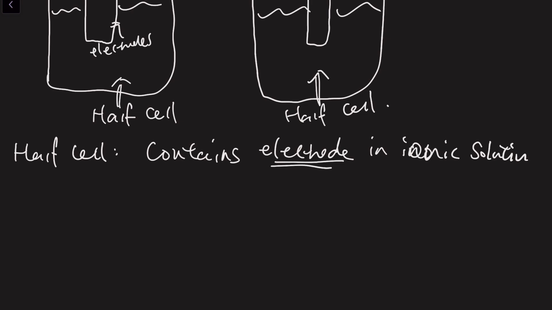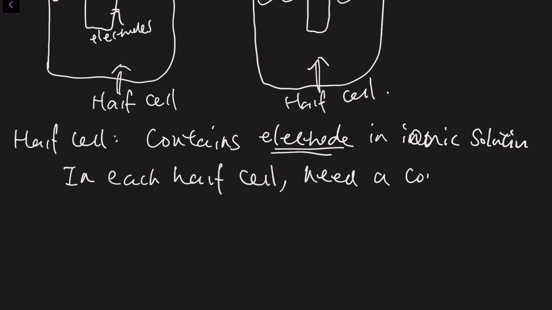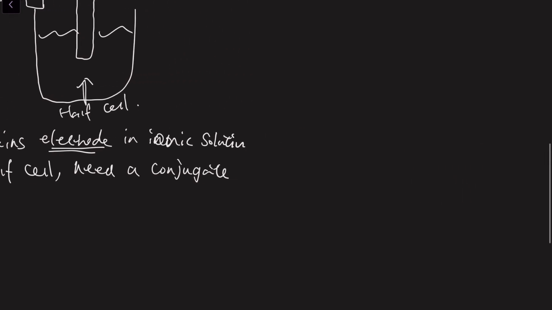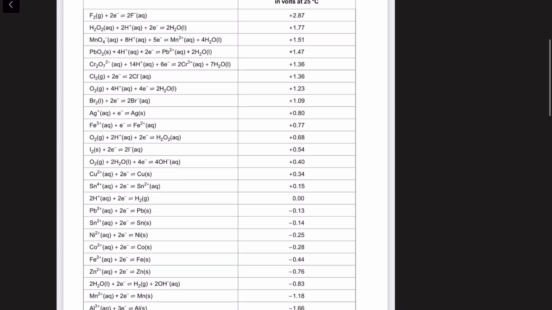We will talk about the choice of electrode later, but one very important fact is that in each half cell, we need a conjugate redox pair. So what is a conjugate redox pair? If you go to your chemistry data book, you would see this thing comes up first.